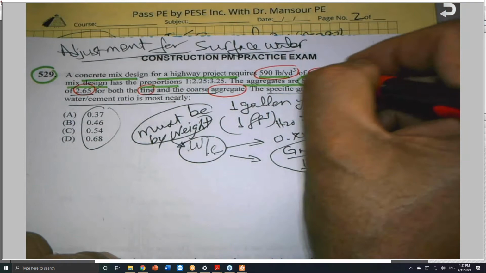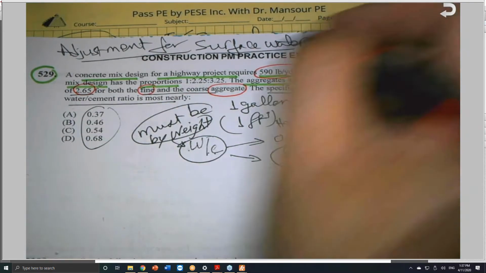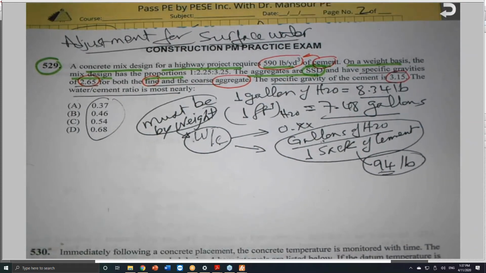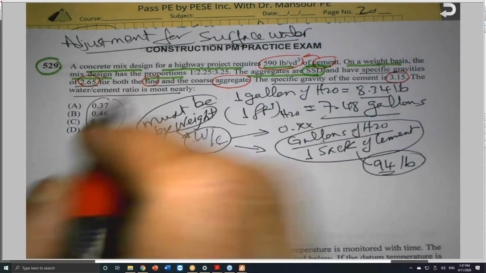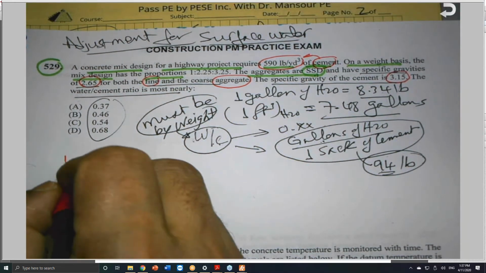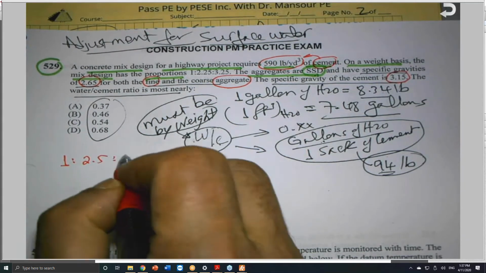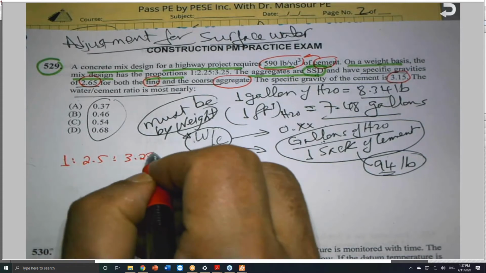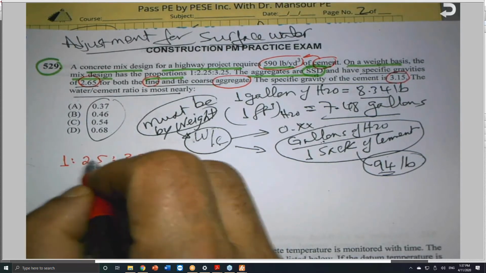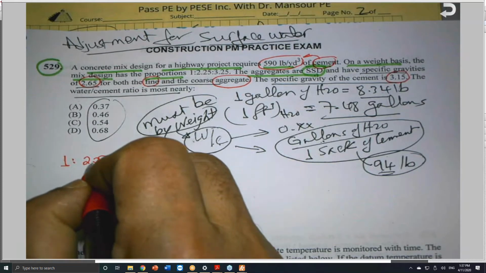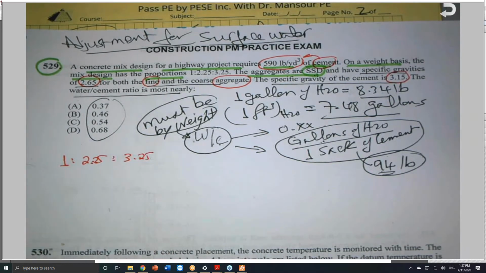They added cement at this rate. And they mention another ratio in the problem, 1 to 2.25 to 3.25. What does it mean?